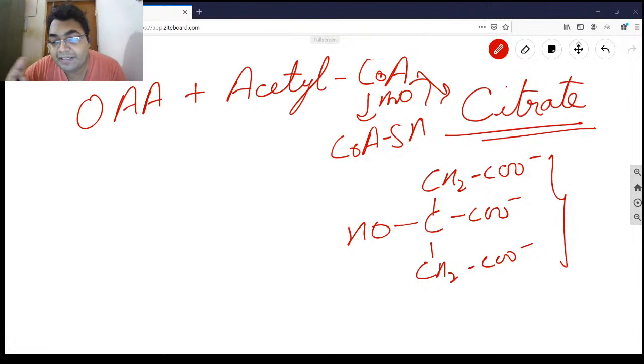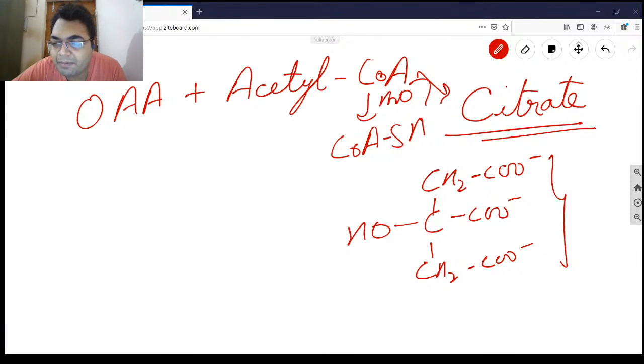Now isocitrate is then converted into alpha ketoglutarate.